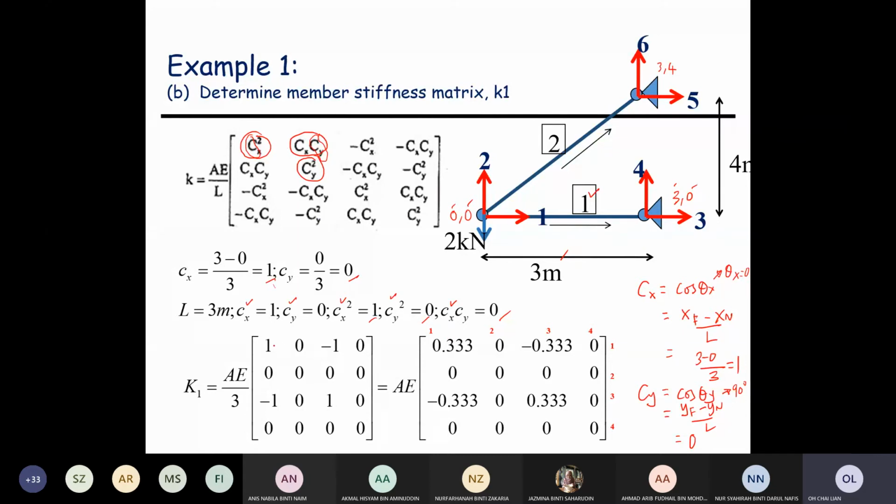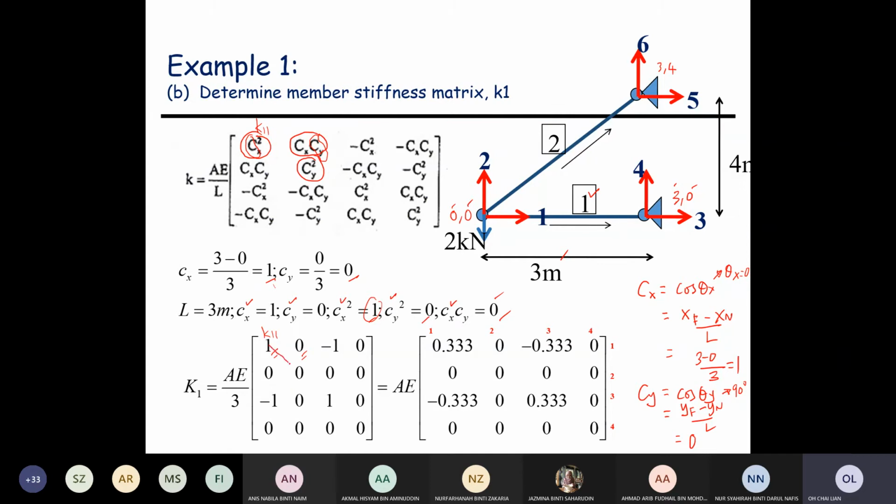It starts with Cx squared, which is 1, so you put in 1. And Cx Cy is 0, so you put in 0, and so on, you fill in this.